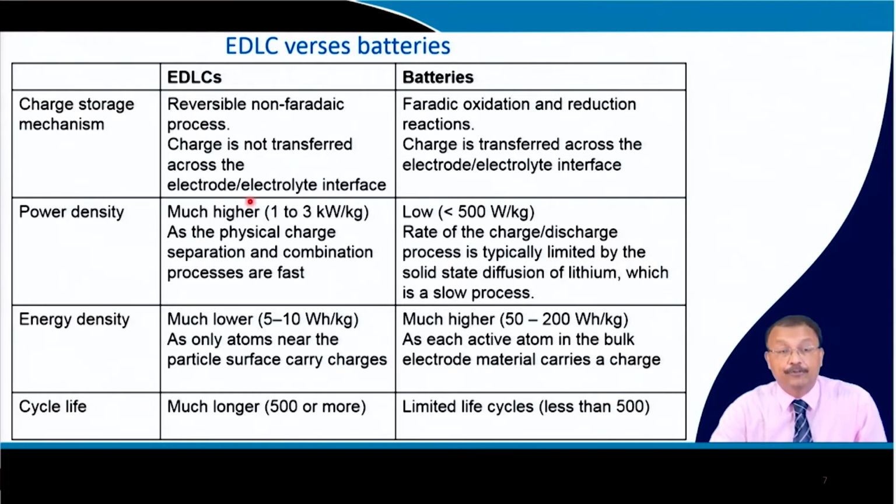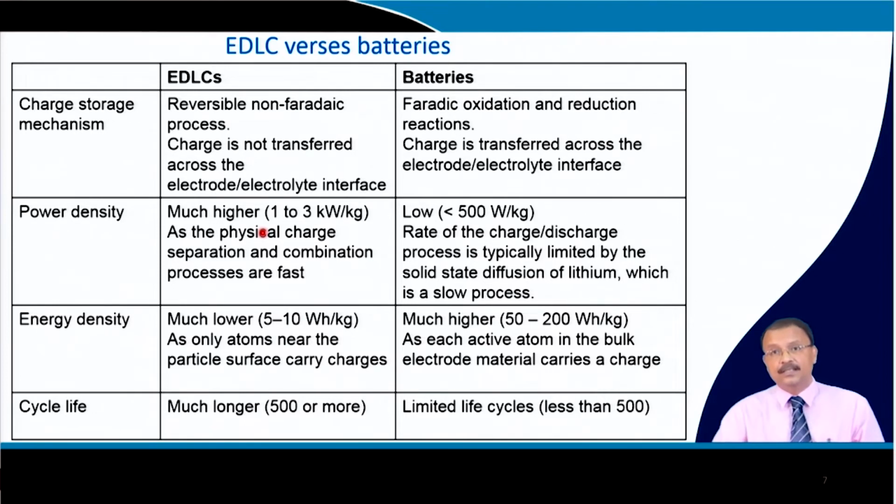Now, if you consider the power density, it is certainly much higher, because it is just the adherence of the charge and detachment of the charge. So, it is a very fast process.